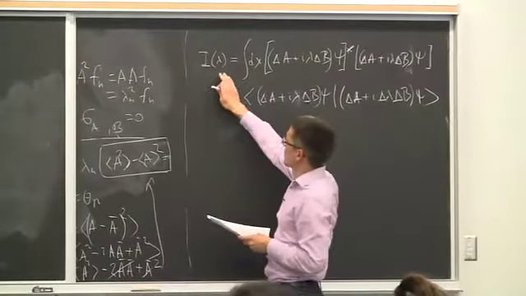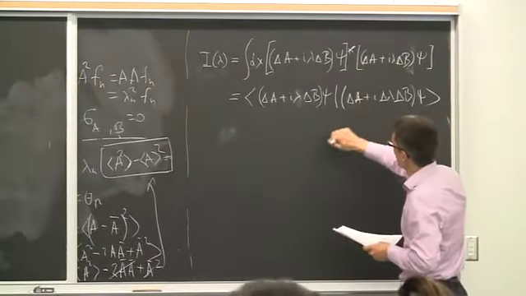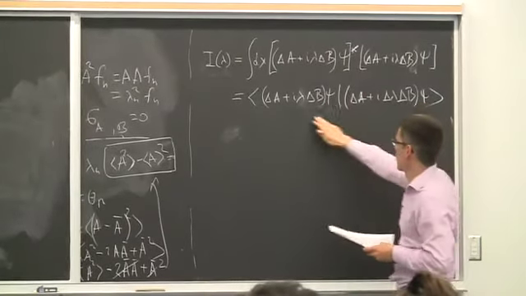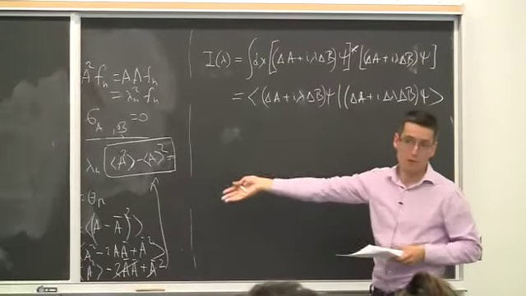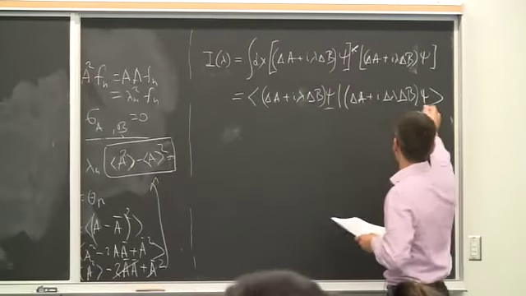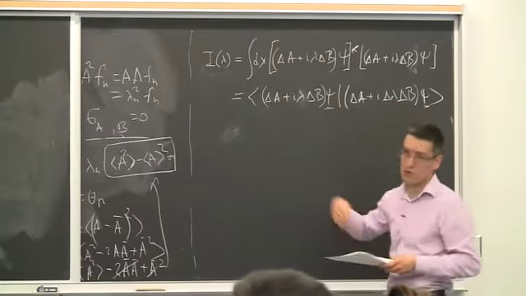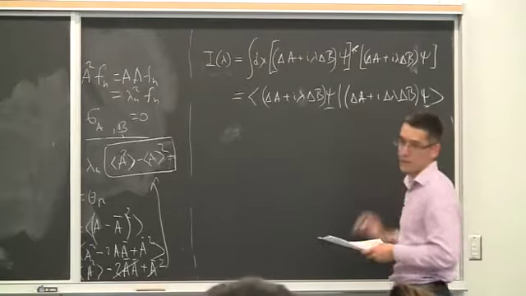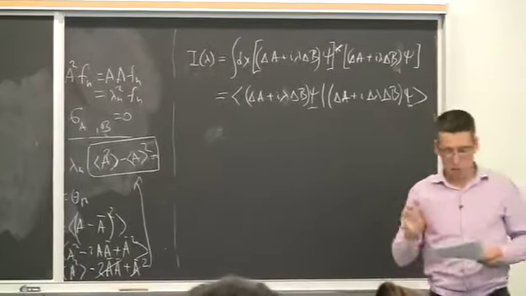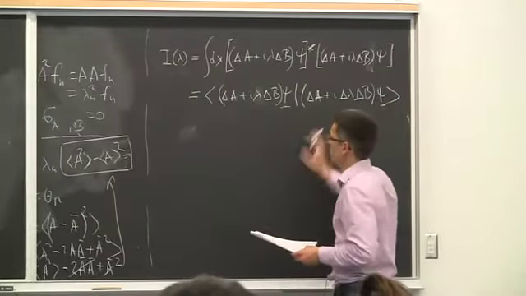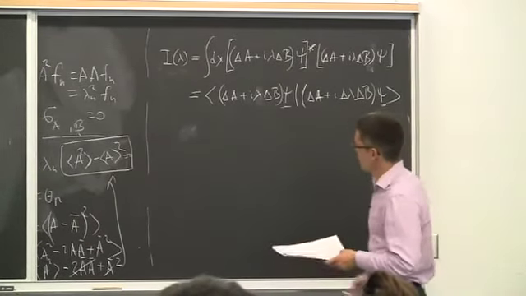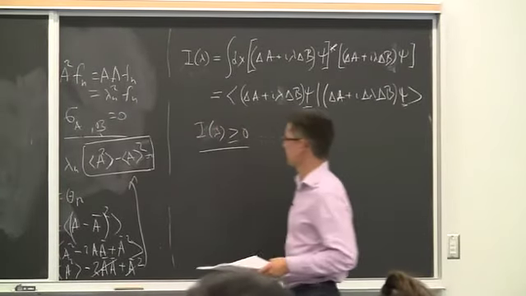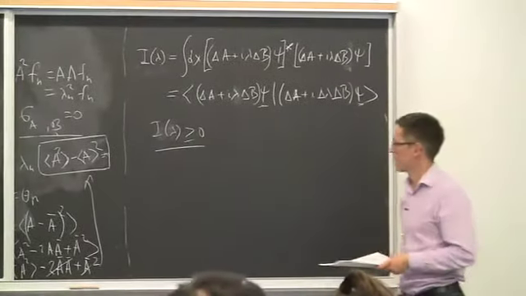Because it's a map between a function psi and a number lambda back to numbers. We take psi and we take lambda, and we generate a number with operators A and B acting in this way. It will be clear why we built this. The main reason is that I of lambda is always positive, and we will use that.